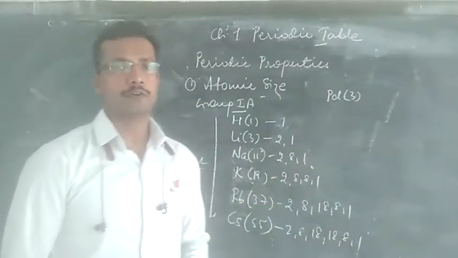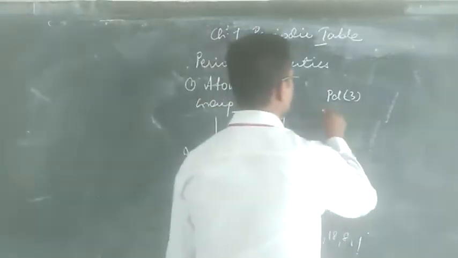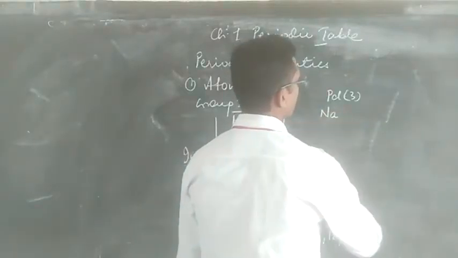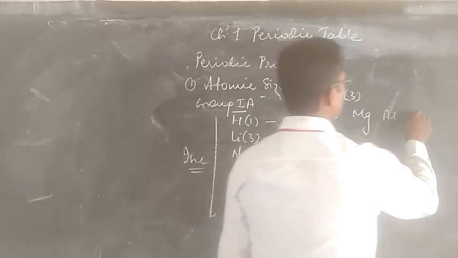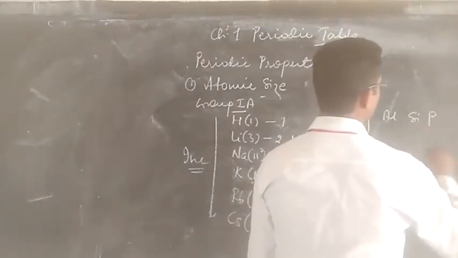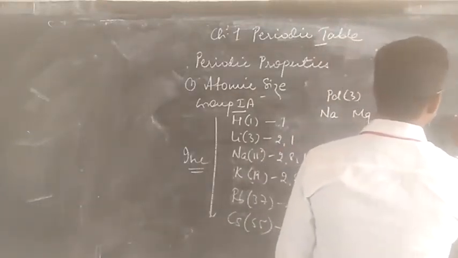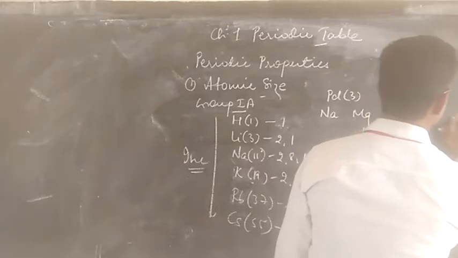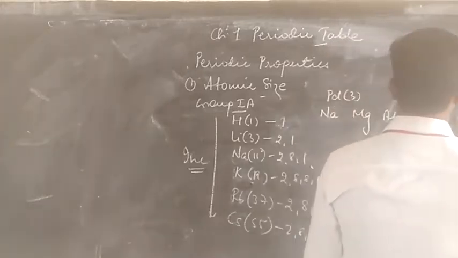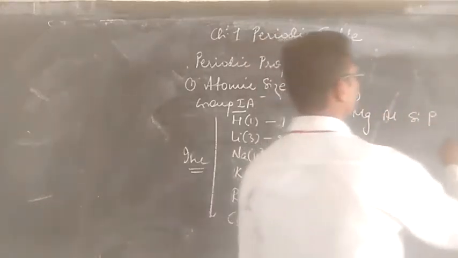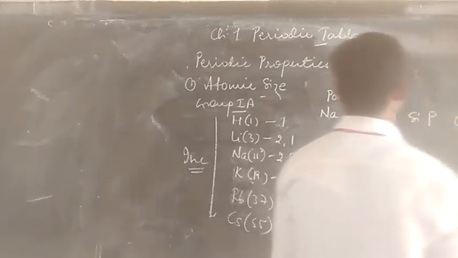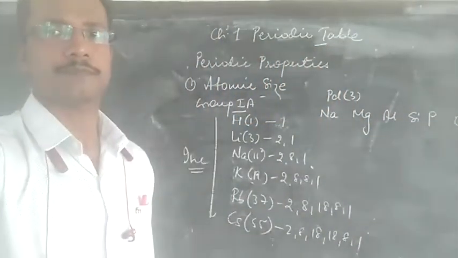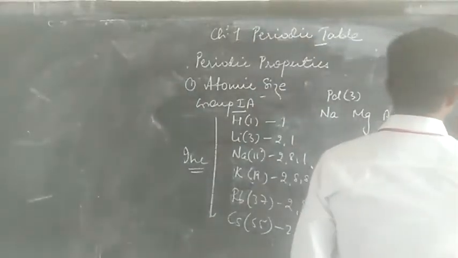The elements are sodium, magnesium, aluminium, silicon, phosphorus, sulfur and then chlorine.